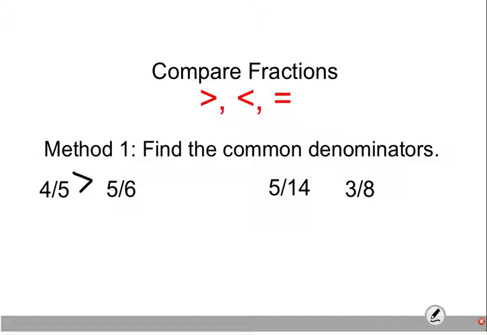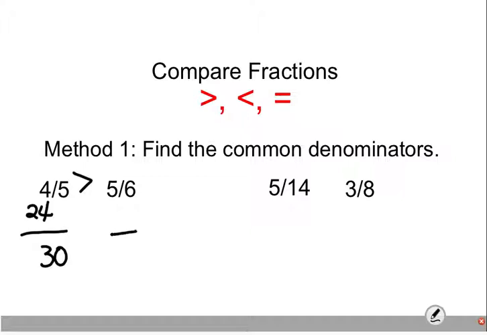So, Kaylee, what would you do to those? What common denominator would you use? 30, okay? So this one becomes what? 4/30. It's not 4/30, it's 5/30. Kaylee, what's it going to be? 24/30.